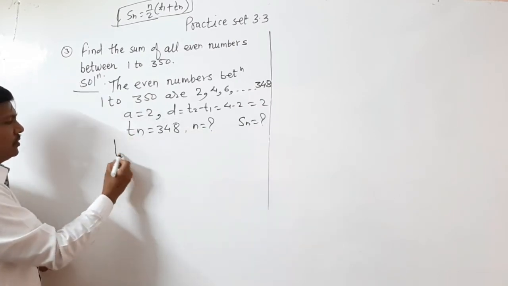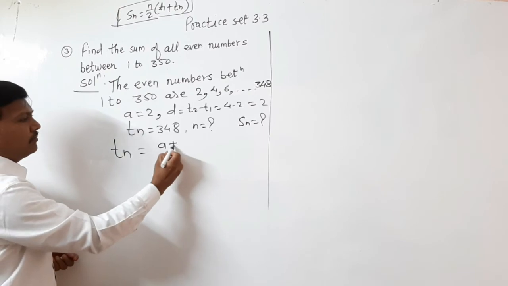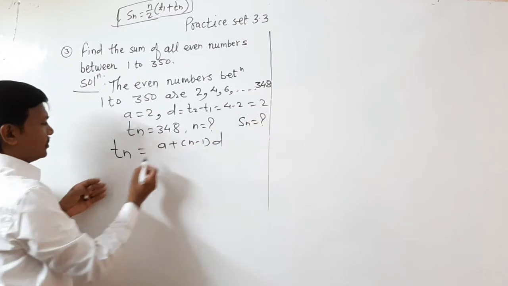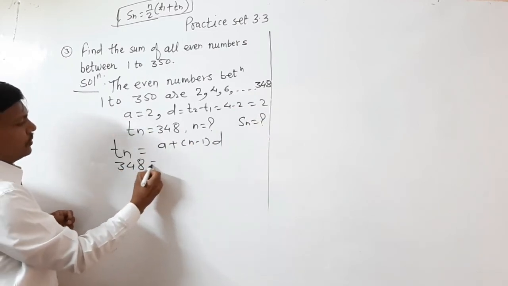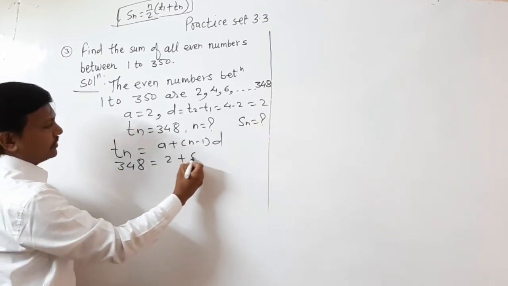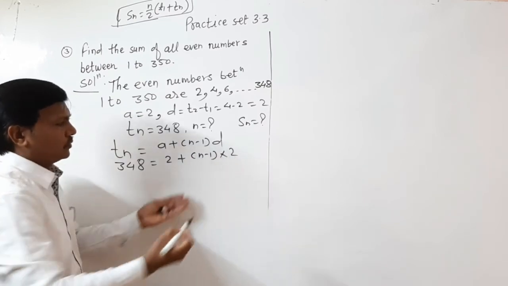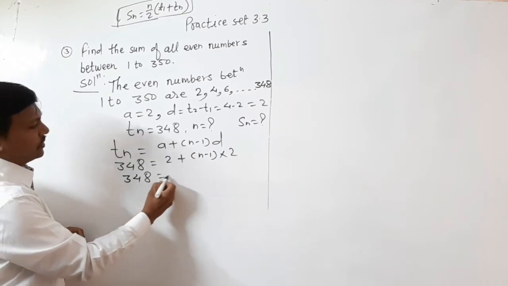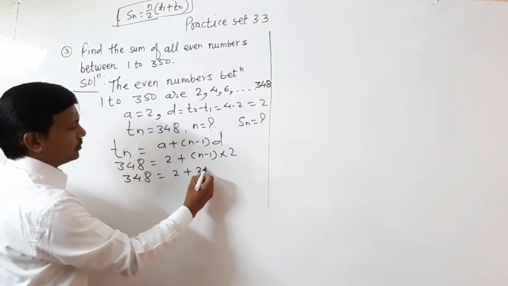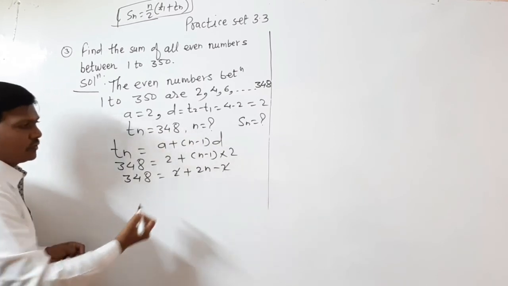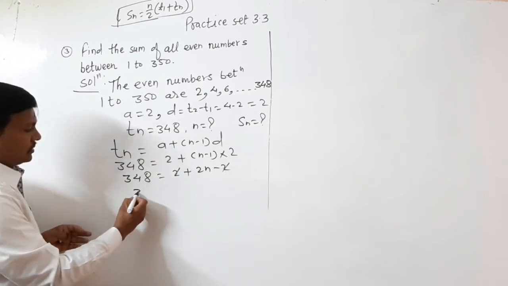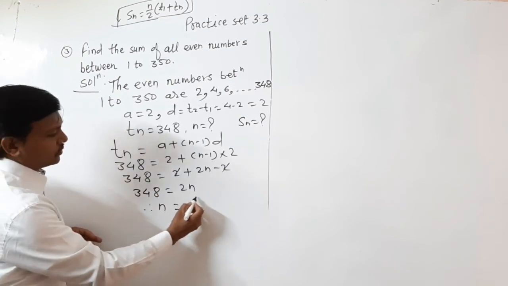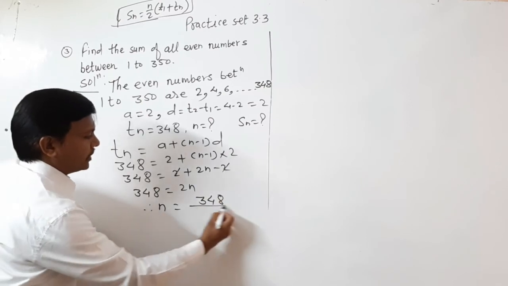So you know the formula for Tn, that is a plus n minus 1 into d, and this Tn is 348 equal to a, that is 2, plus n minus 1, which is not given, into this 2. Then do the bracket multiplication. 348 equal to 2 plus 2n minus 2. And minus 2 plus 2 get cancelled, and 348 equal to 2n. Therefore n equal to 348 divided by 2.